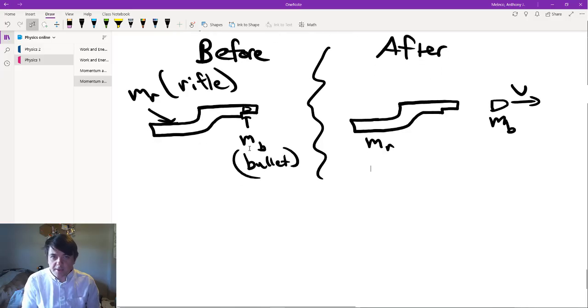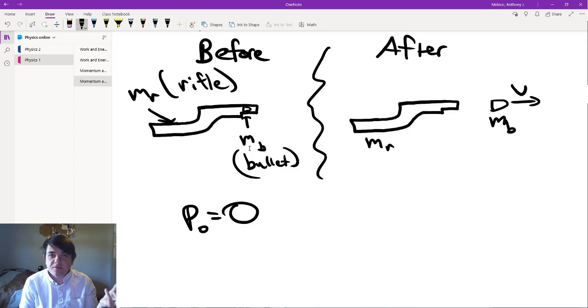So now we need to figure out our momentums. P initial. What's happening initially? Nothing. You're not shooting the bullet yet. The rifle's not moving. It's just 0. You have the mass of the bullet times its velocity, but velocity is 0, so we don't have to worry about that. But P final is going to be composed of a couple things.